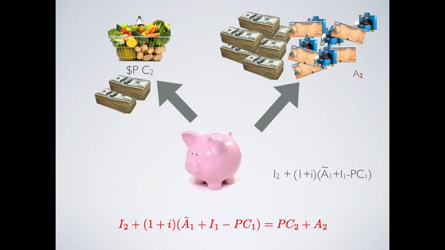This will be the total amount of cash that you could use for tomorrow, and it should be equal to tomorrow's consumption expenditure plus the remaining part that represents the balance asset value that you are going to own by the end of tomorrow. This is the intertemporal household budget constraint for two periods.